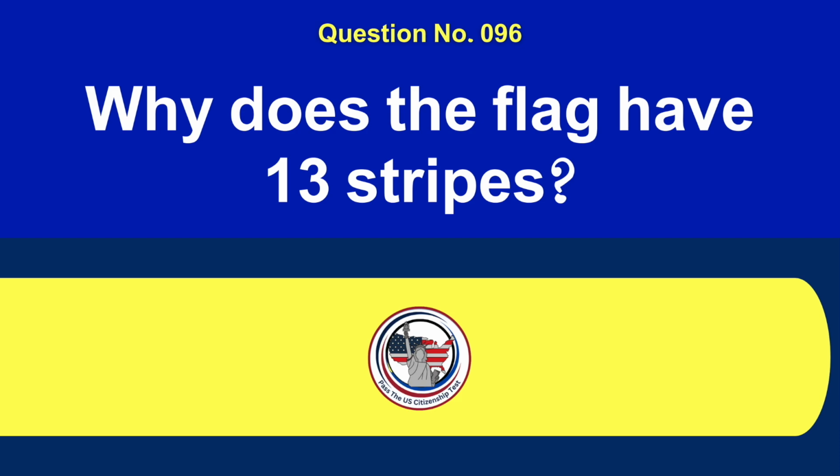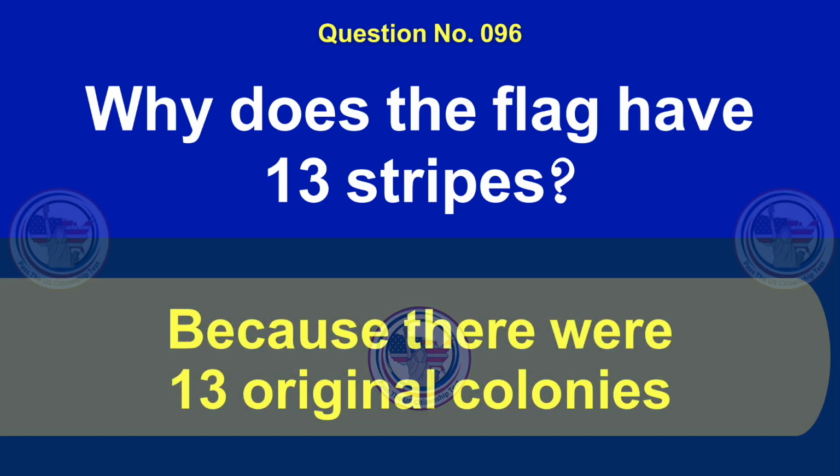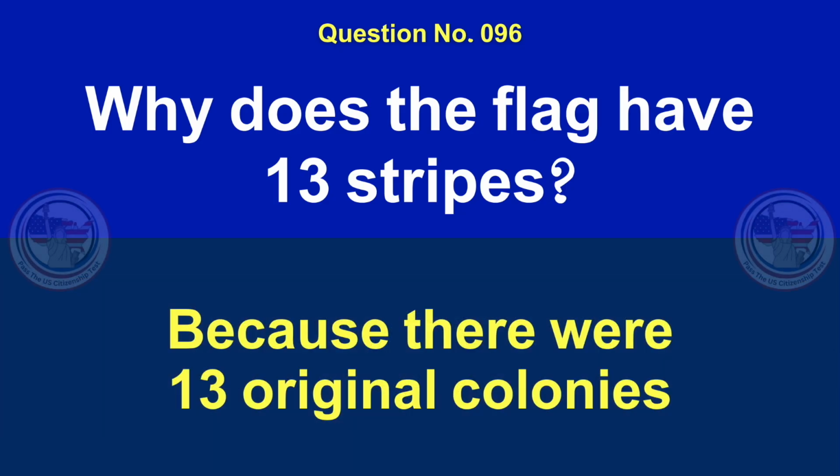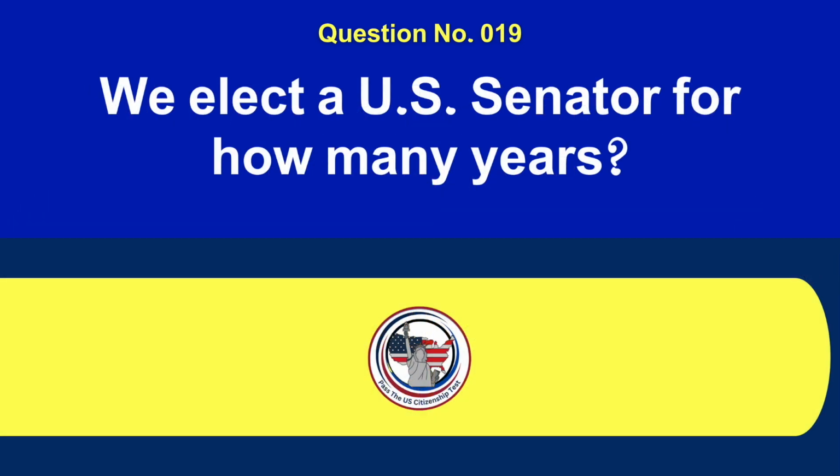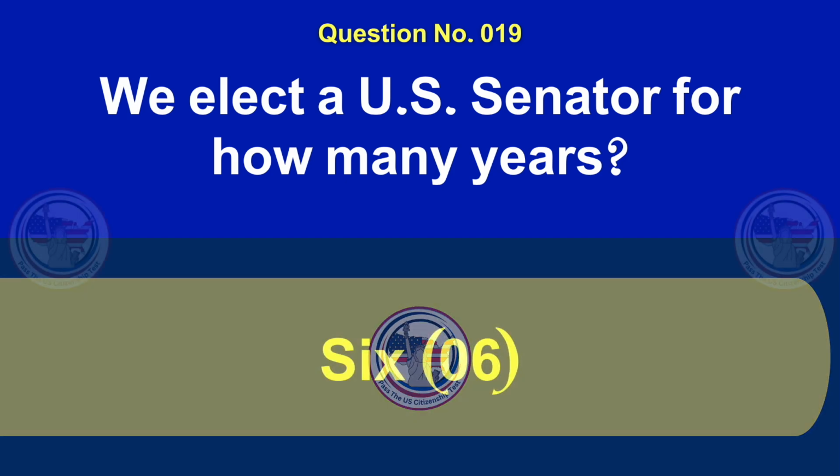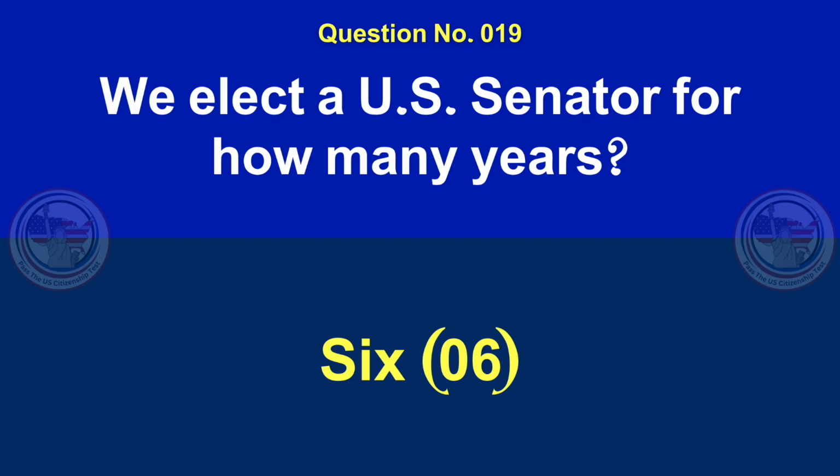Why does the flag have 13 stripes? Because there were 13 original colonies. We elect a U.S. Senator for how many years? Six.